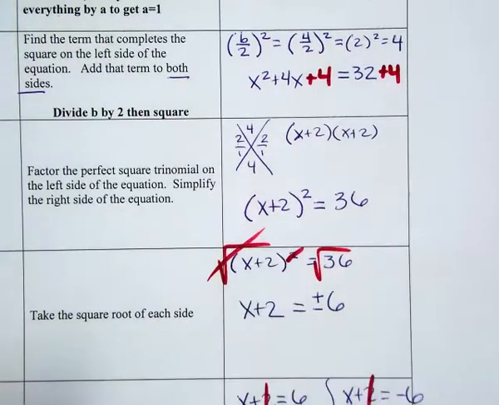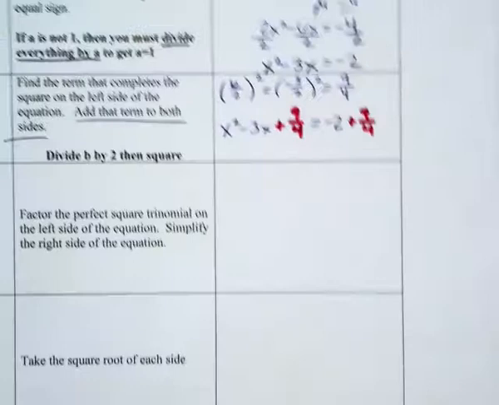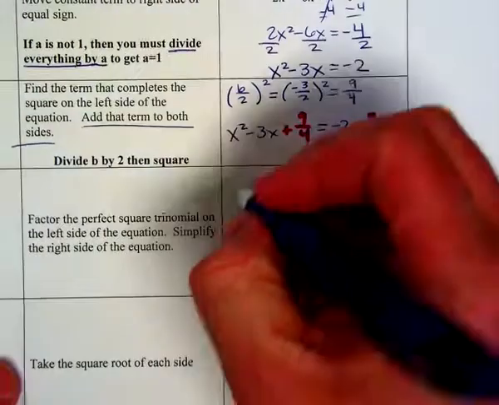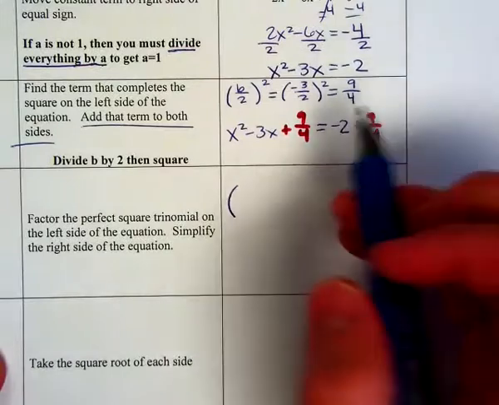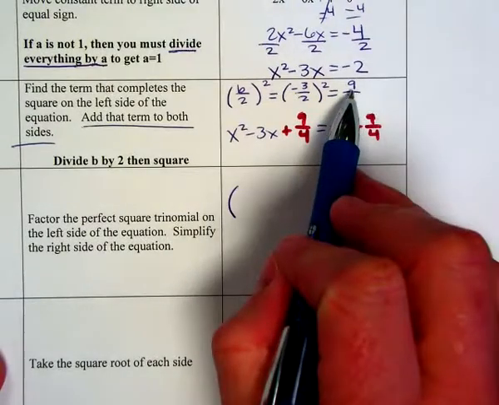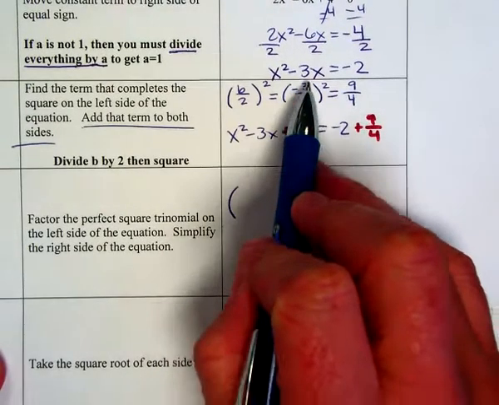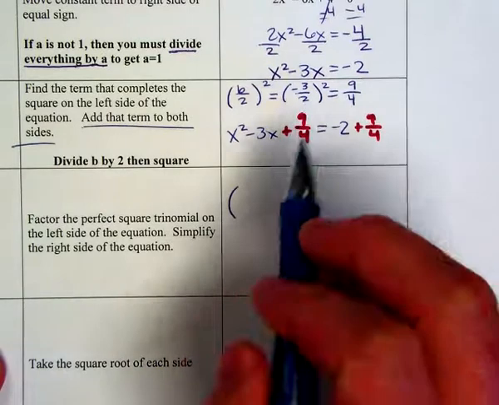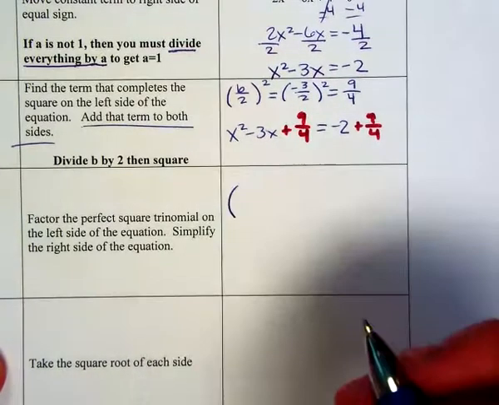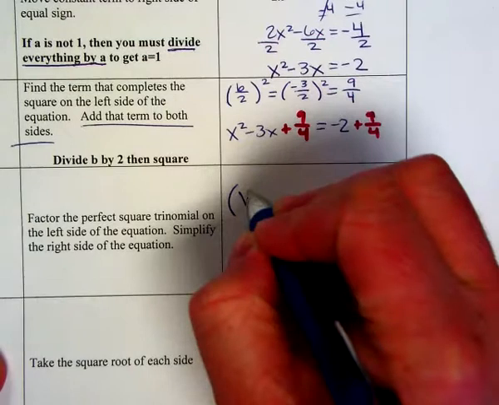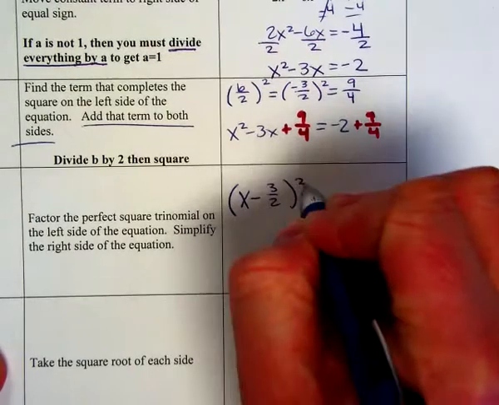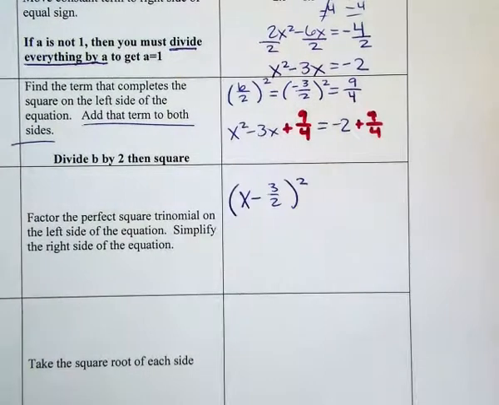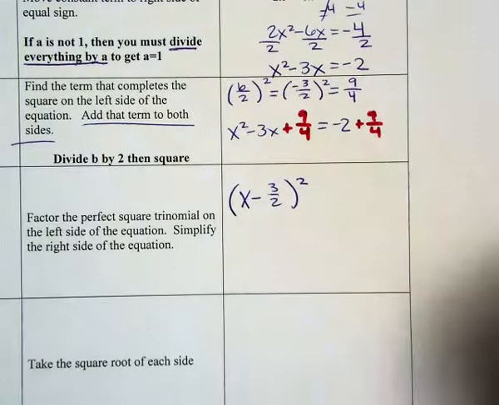So let's take a look, because that's going to simplify this process for us a lot. Before I squared it, what number did I have in parentheses? Negative 3 over 2. So here's all I have to do. X minus 3 over 2. If we could do X method with a fraction, that's what we would find anyway.